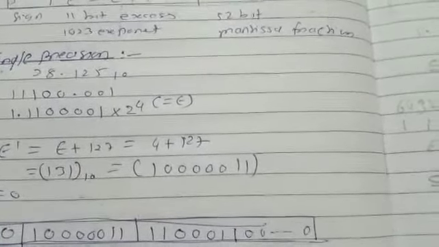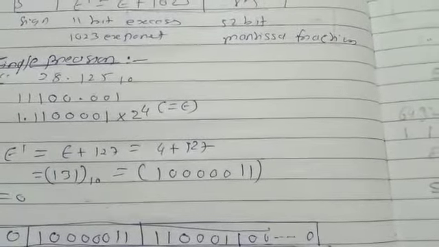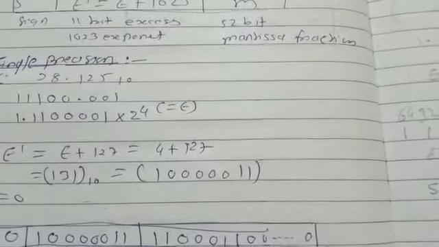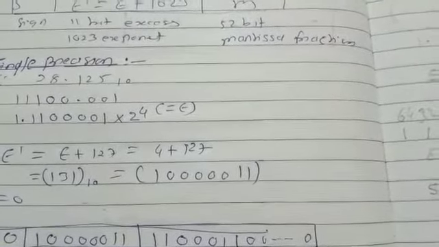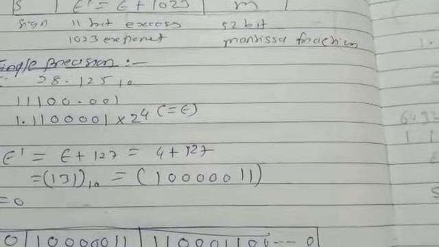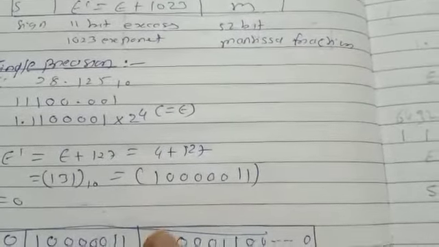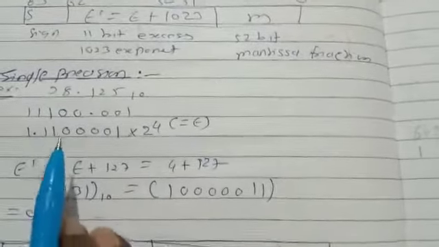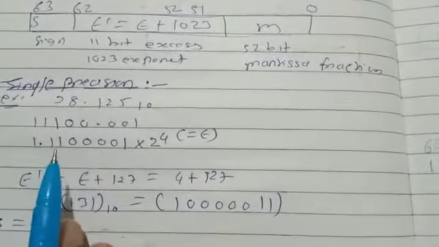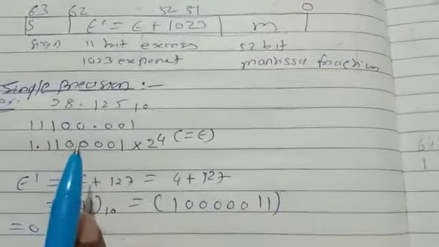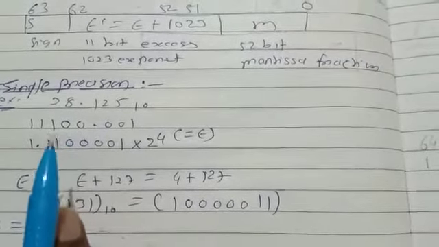We require this step because we are going to calculate the value of e dash, and to calculate e dash we require the value of e. So here we consider 1.11000. How many places do we move the point? 1, 2, 3, 4.